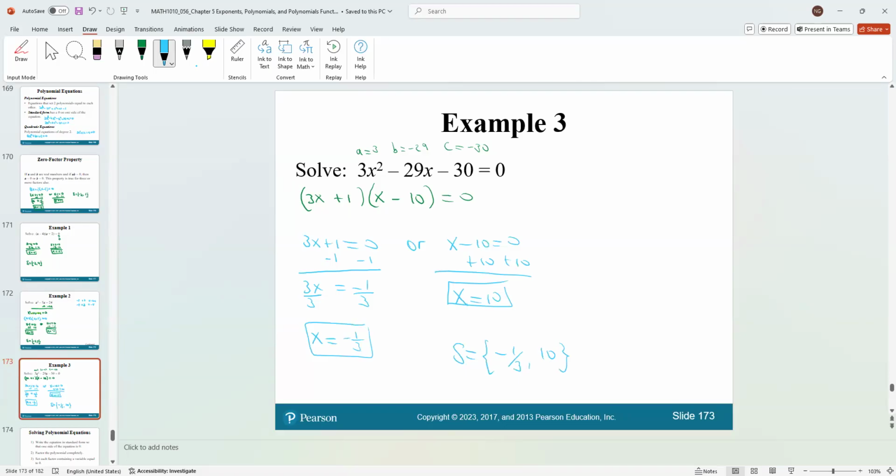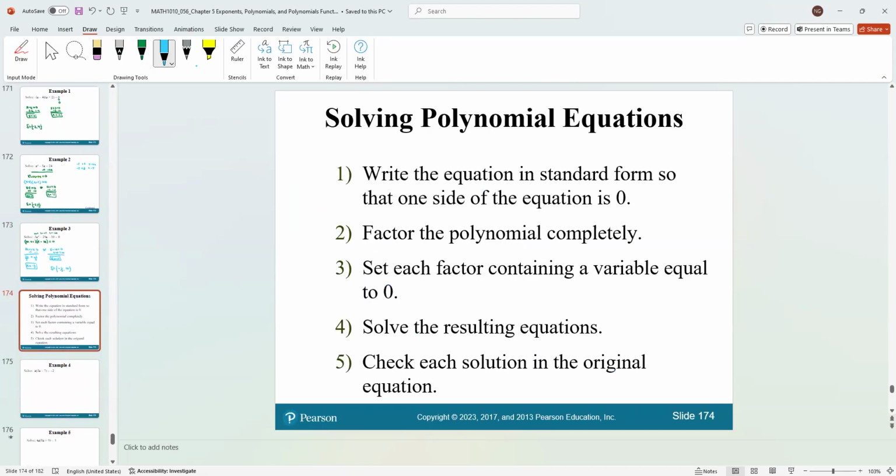Okay. Is that okay? Now, how to solve polynomial equations? We can use different techniques. To solve a polynomial equation, the first step is to write the equation in standard form so that one side of the equation is equal to 0.